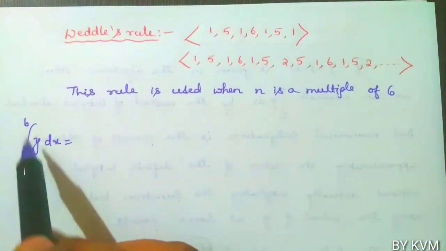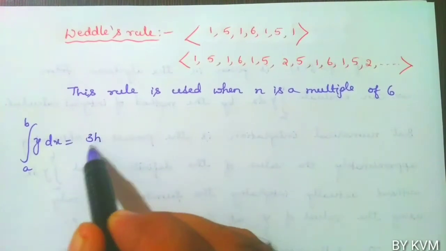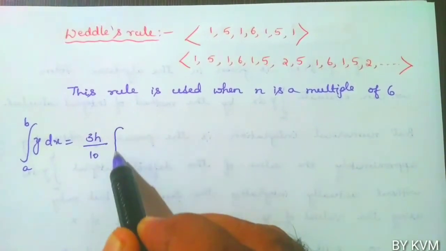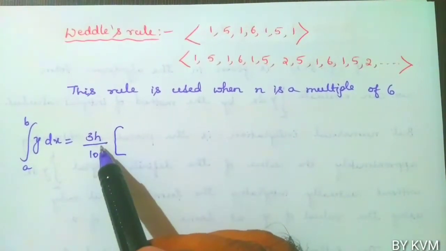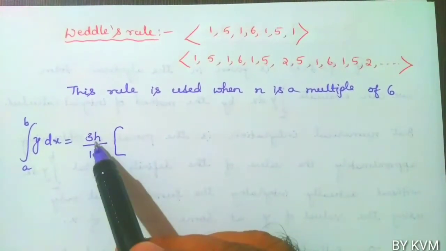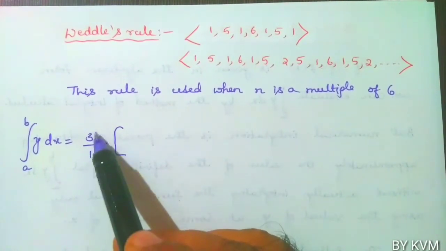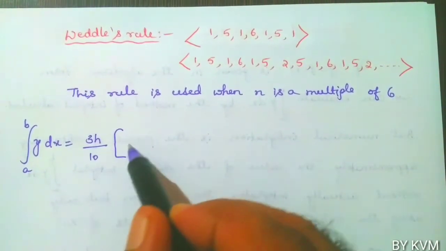So it continues. The formula is integral a to b y dx equals 3h by 10 times. In Simpson's one-third rule we use h by 3, in Simpson's 3 by 8 rule we take 3h by 8, in Weddle's rule we multiply by 3h by 10.